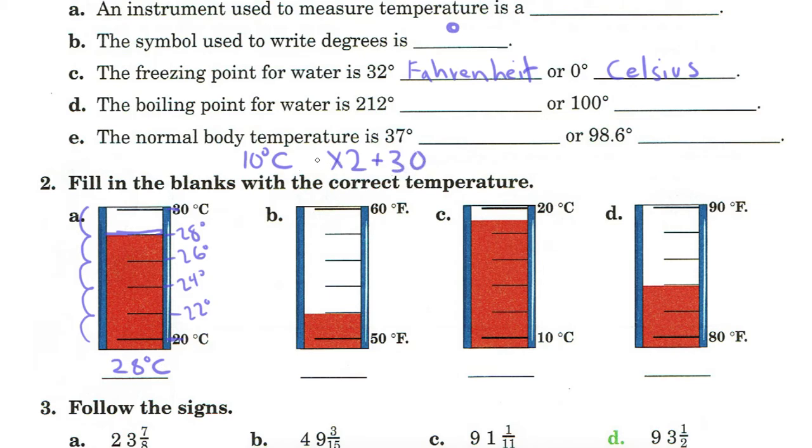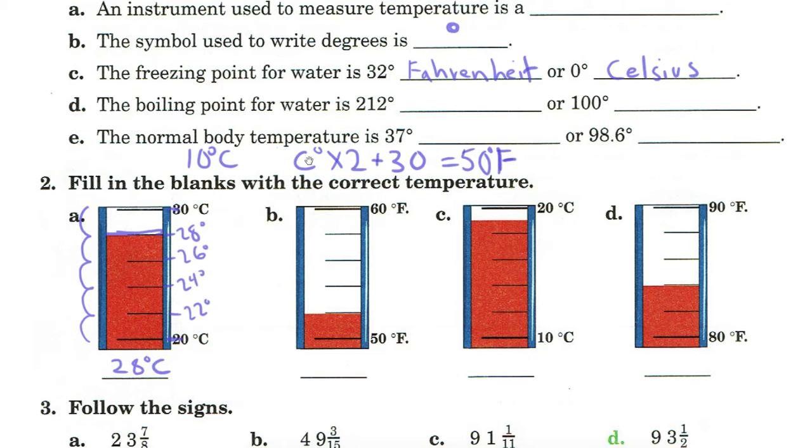So whatever the temperature is, Celsius times 2 plus 30 will give you the Fahrenheit. So for example, my 10 degrees Celsius here, plug that in. 10 times 2 equals 20, plus 30 will give me 50. So 10 degrees Celsius is about 50 degrees Fahrenheit.